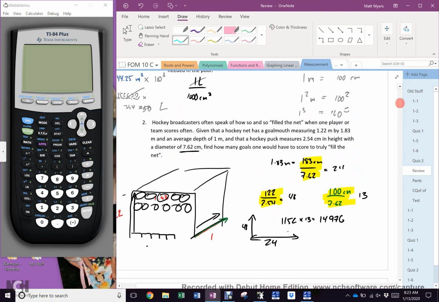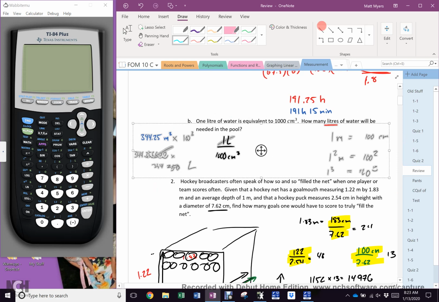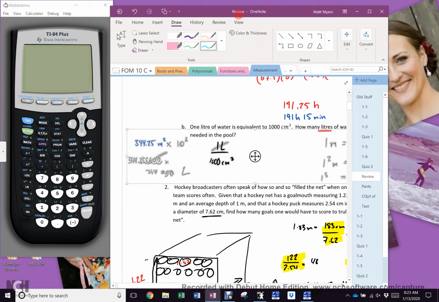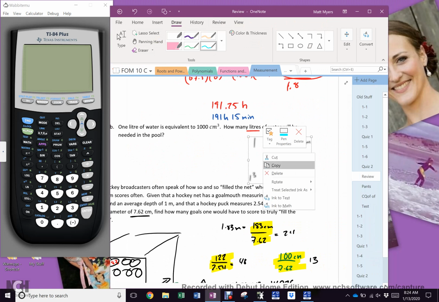The next question seems difficult, but it's not too bad because, of course, it's just canceling because it's all metric, right? 1 liter of water is 1,000 centimeters cubed, right?